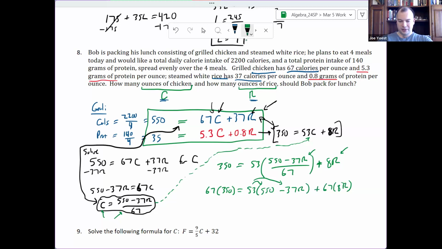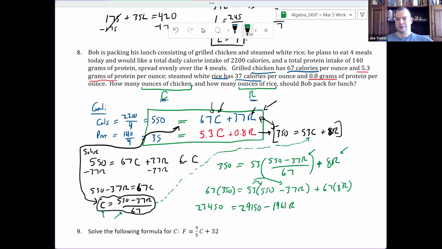So what do I end up with? I'm going to use my calculator for this. 67 times 350 on the left, 23,450. On the right hand side, I have a constant 53 times 550, 29,150. 53 times 37 is 1961.